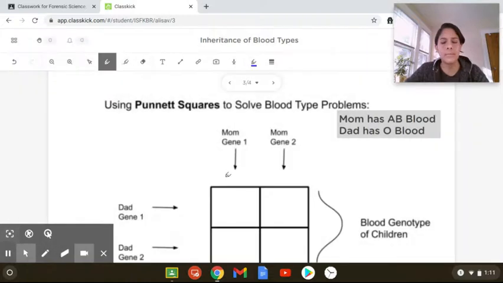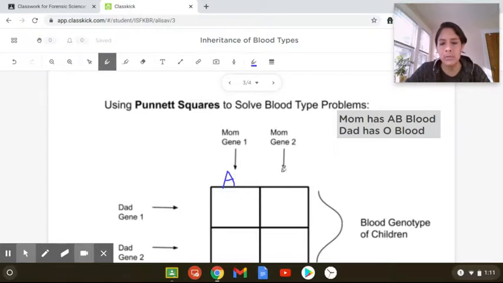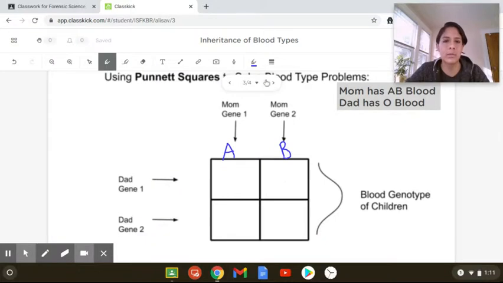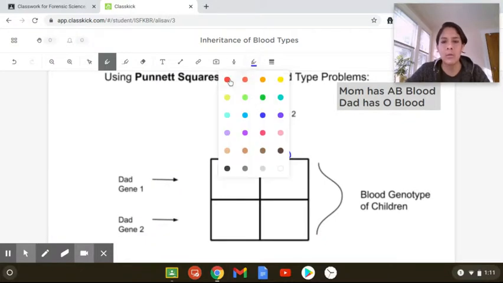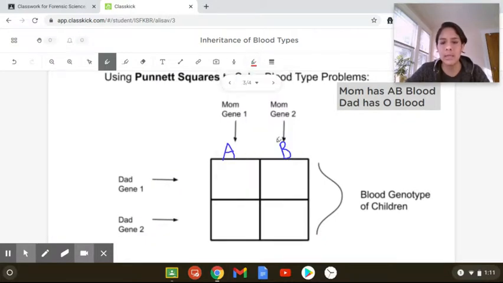You do not have to change the color because that's not most important. What's most important is that we know how to do the Punnett square problems. Okay, so we have split mom's A gene and mom's B gene. Dad has O blood, so we just talked about how we know he has to have two O genes.